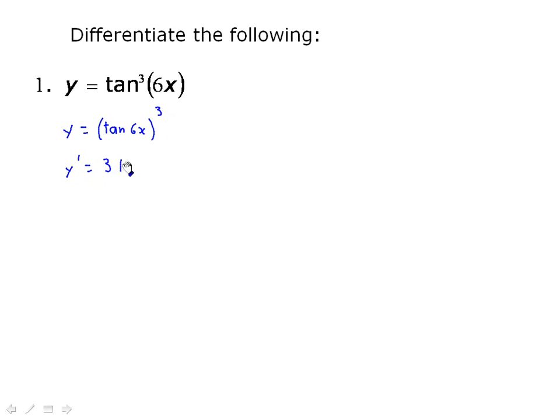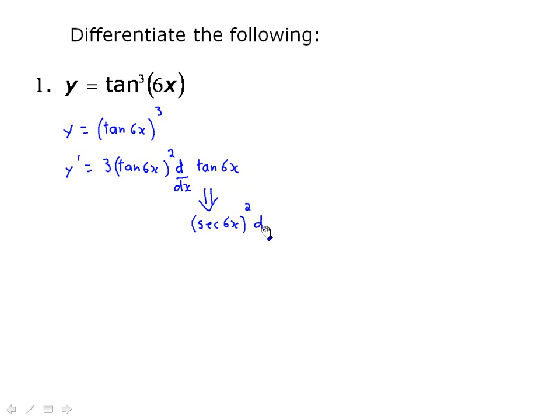So this becomes 3 times the tan of 6x to the 2 multiplied by the derivative of tan 6x. Now, the derivative of tan 6x, according to what we just learned, is equal to the secant of 6x squared. I'll put it in a bracket form like this for now.